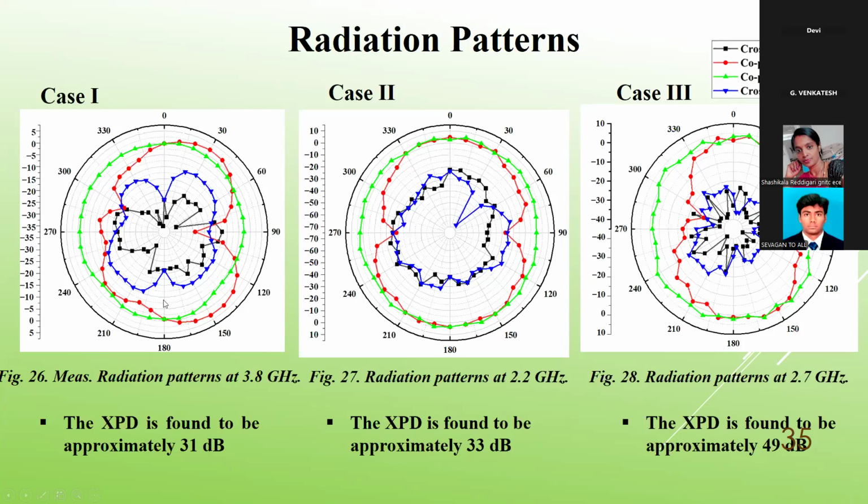So you can see the E plane and H plane patterns and the difference, which will give you the XPD value, 31 dB for this case and 33 dB for the second case, at 3.8 gigahertz for the first plot, 2.2 gigahertz for the second plot, and 2.7 gigahertz for the third plot. Accordingly, cross-polarizations are very good values, 31 dB, 33 dB, and 49 dB.